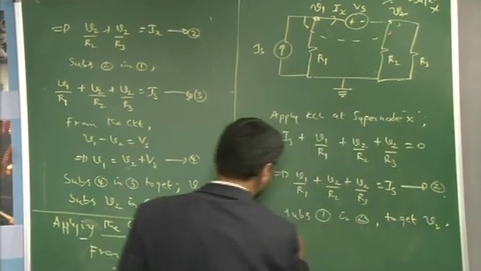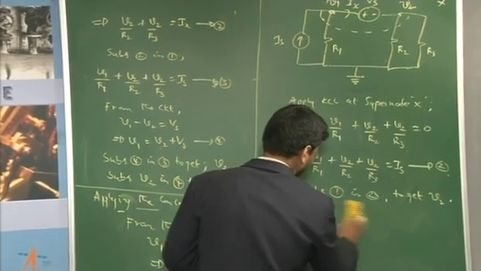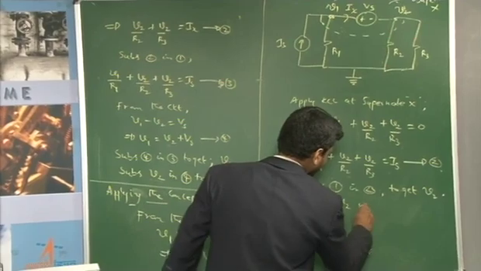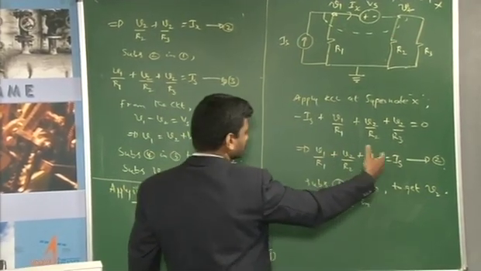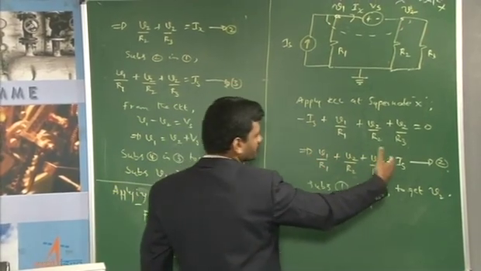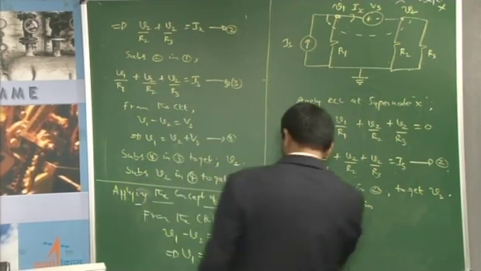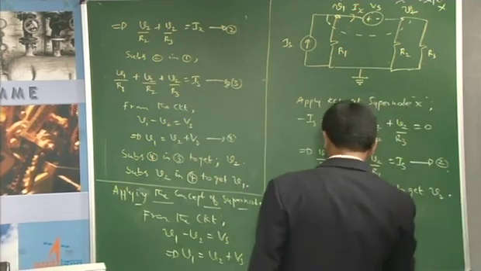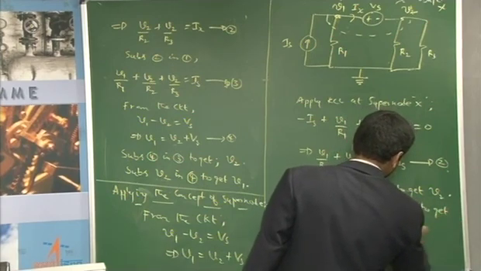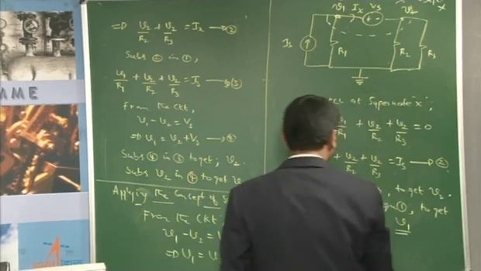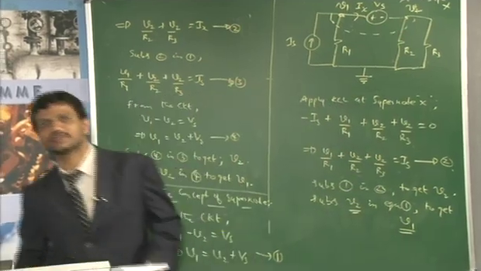When we substitute V1 as V2 plus Vs, we will get the equation only in terms of V2, which can be solved to get the value of V2. Then the obtained value of V2 will be substituted in equation 1 to get V1. That is how you find the corresponding node voltages using the concept of super node.